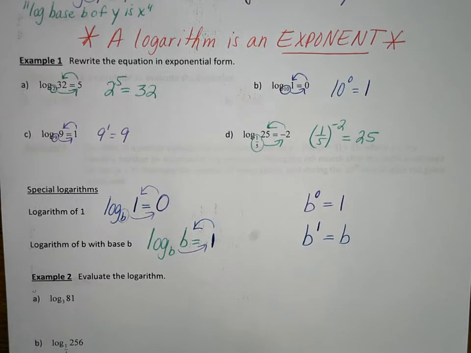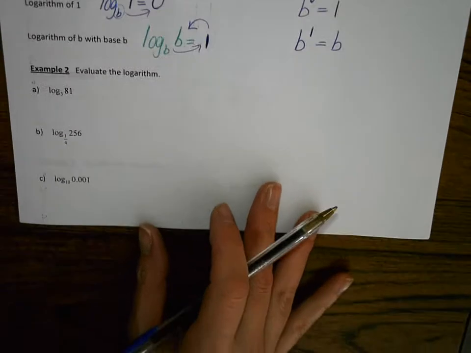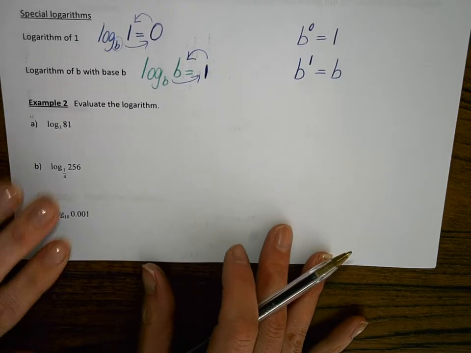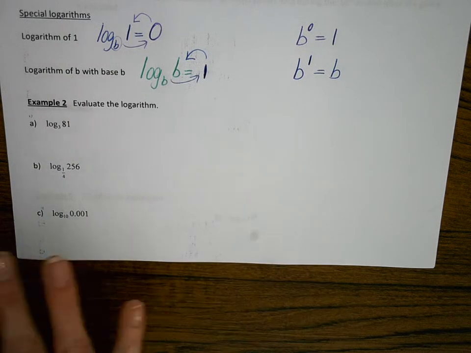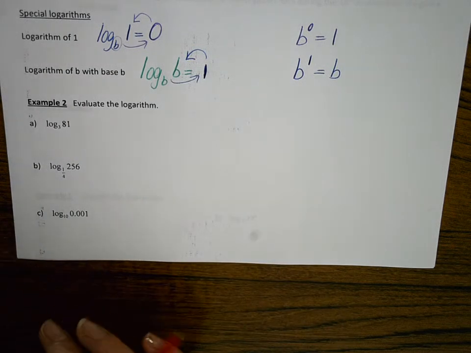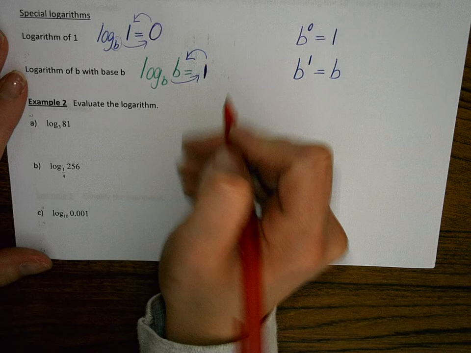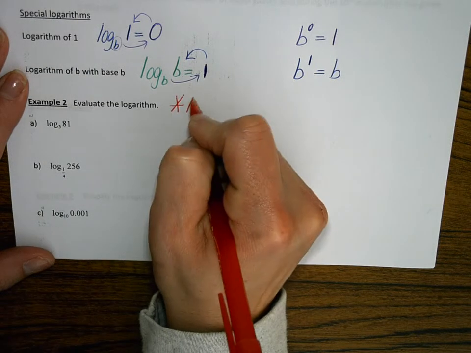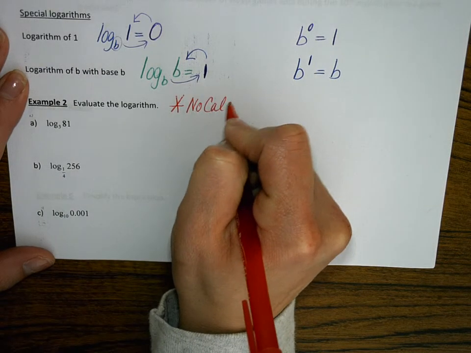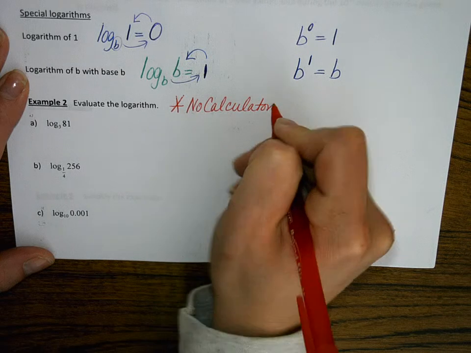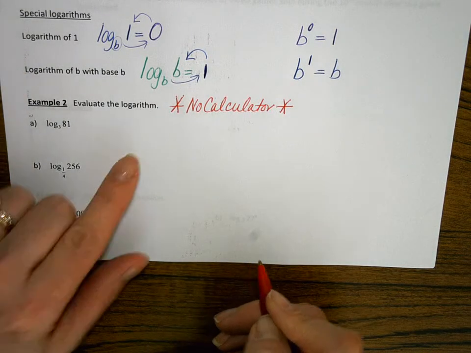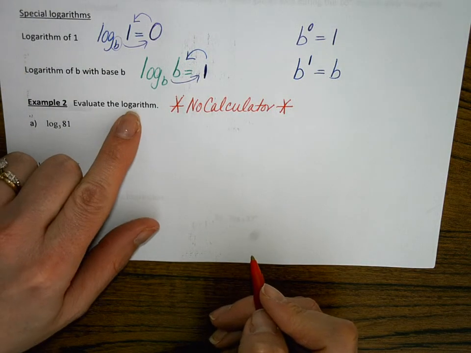All right, now evaluating the logarithm. In this chapter, there are definitely going to be places where we're not going to have a calculator. So this is one where we will not have a calculator. Now, remember you're evaluating the logarithm.